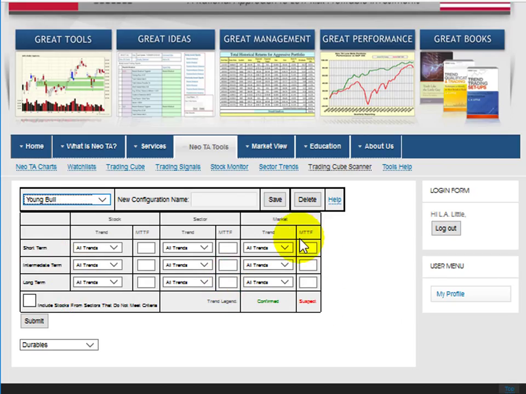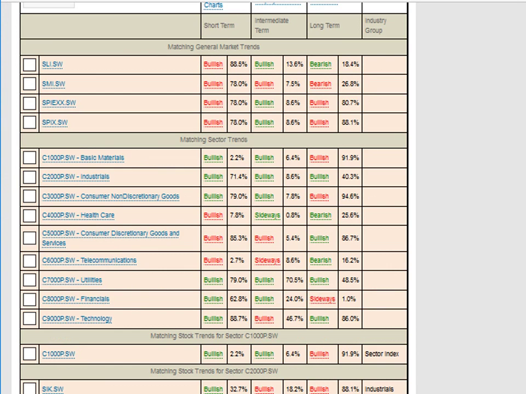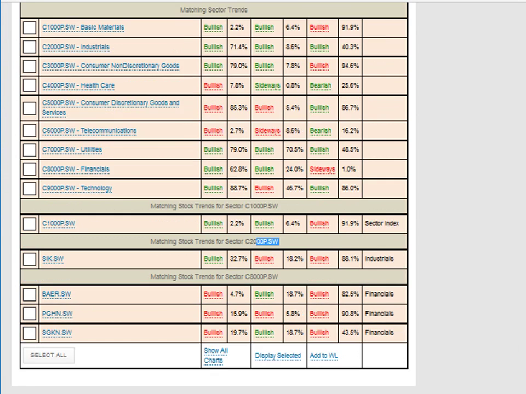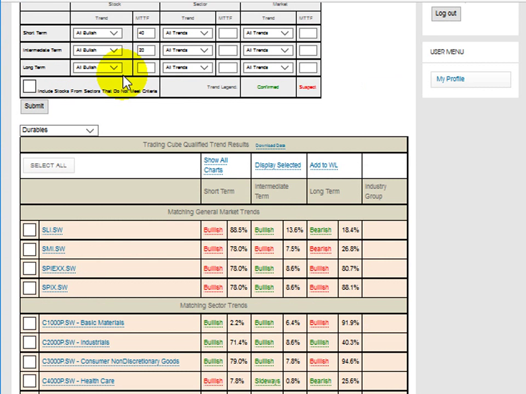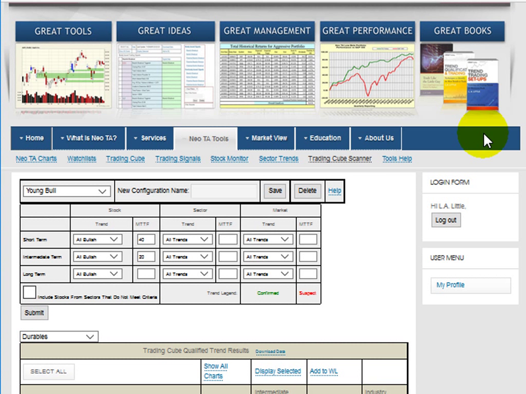And what that configuration does is it sets up these trends in different ways using trend and the mean time to failure preset for you, and then gives you all the stocks that meet those criterion. So in this case, there's 4 stocks, 3 of them in the financials, 1 in the industrial sector, that meet the ideal of being a young bullish stock. Very powerful tool based on trend and mean time to failure.